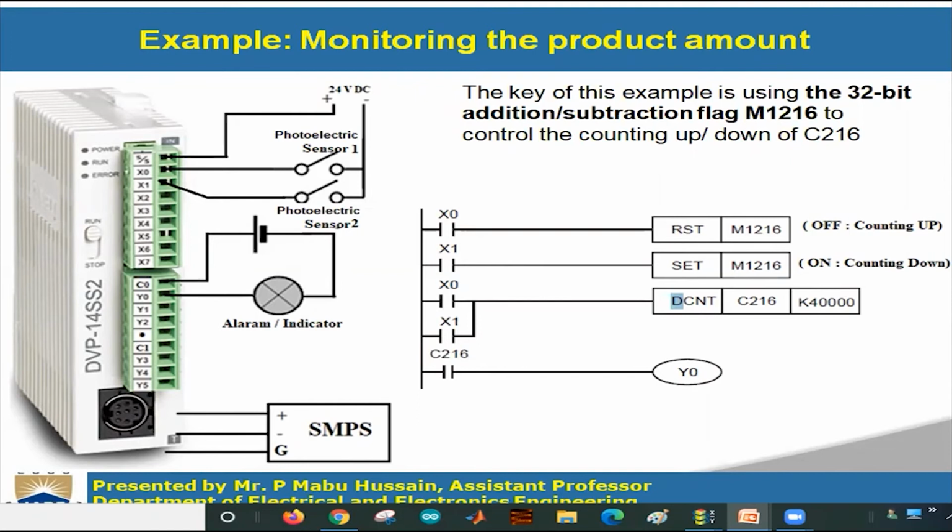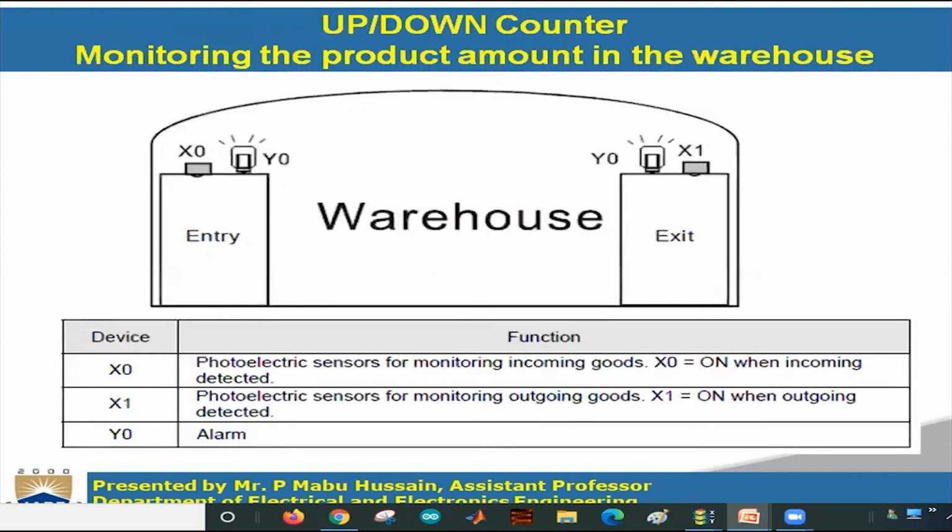Now how can you say a particular counter value has to be incremented by 1 or decremented by 1 depending upon these sensors X0 and X1. Whenever X0 is on, that means whenever this photoelectric sensor detects the product, the product is entering the warehouse, so the counter has to be incremented by 1.